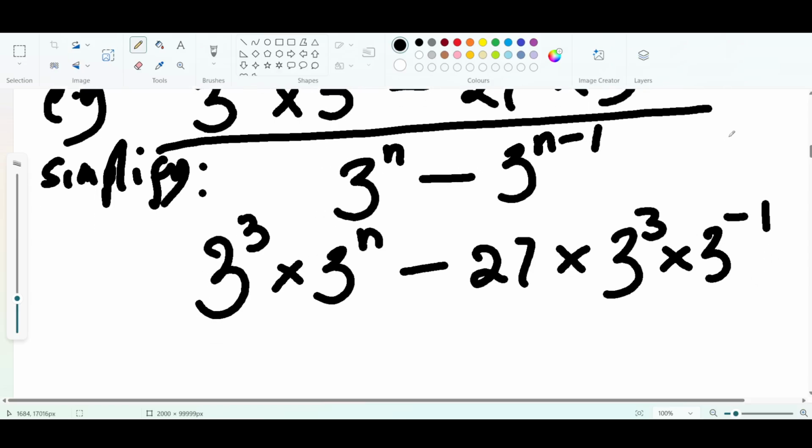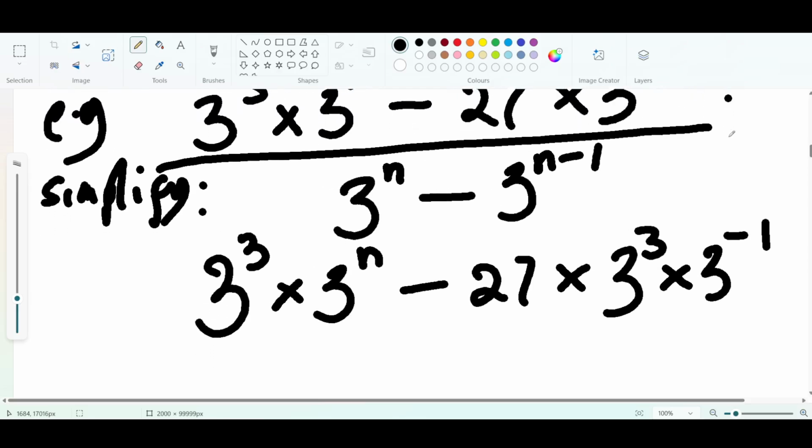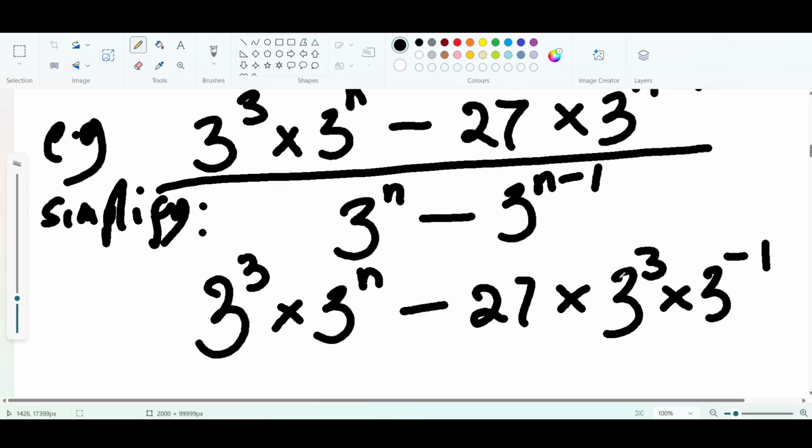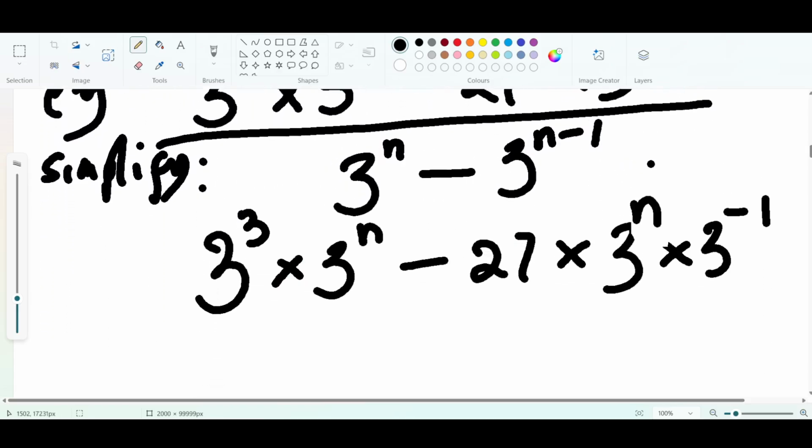That is, according to the first law, when they are multiplying, we add the powers. And this is supposed to be n minus 1, just as what we have here, n minus 1, right?